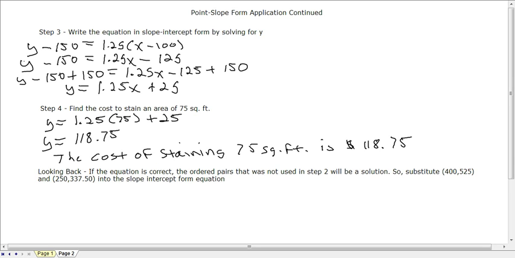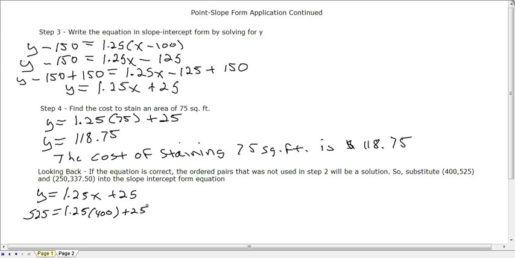So we'll take our equation, y equals 1.25x plus 25, and substitute 400 and 525. 525 is my y value, so 525 is equal to 1.25 times 400 plus 25.